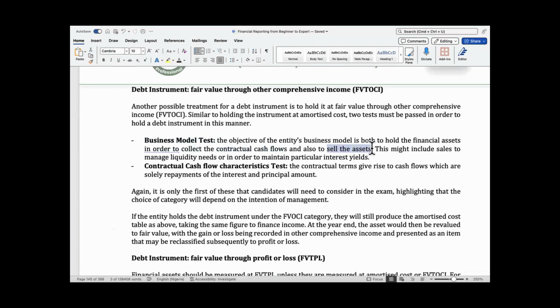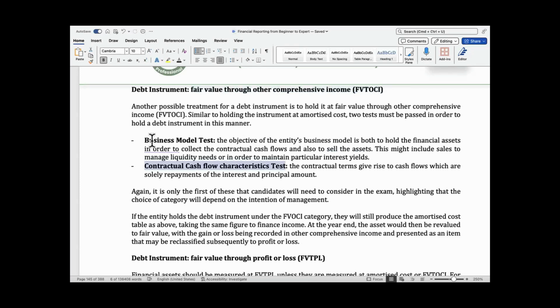Of selling the asset. Then, if you have those two, you should classify it at fair value through OCI. And of course, there should be a contract that will show that you earn interest and principal.